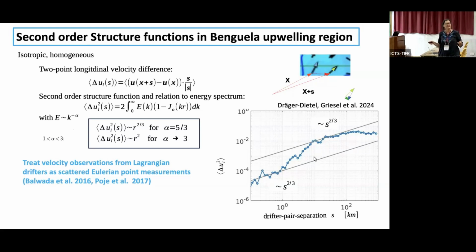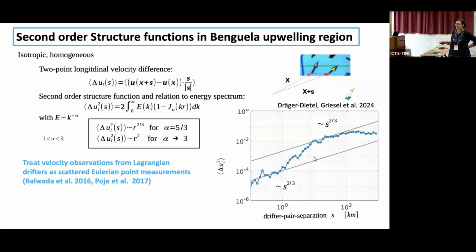We can apply this method to our unstructured drifter data. So we are just saying, okay, our drifter data, we treat them as scattered Eulerian velocity points, right? And then we compute the structure function. What we find is, yeah, this shows the second-order structure function.